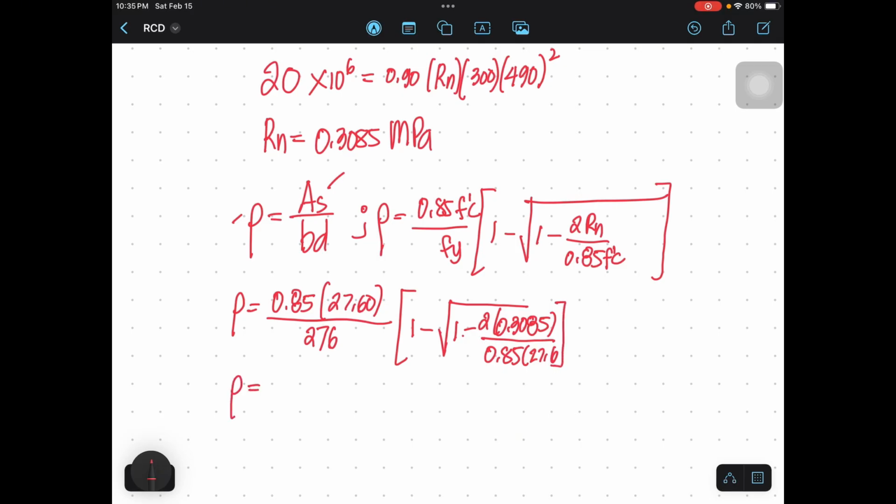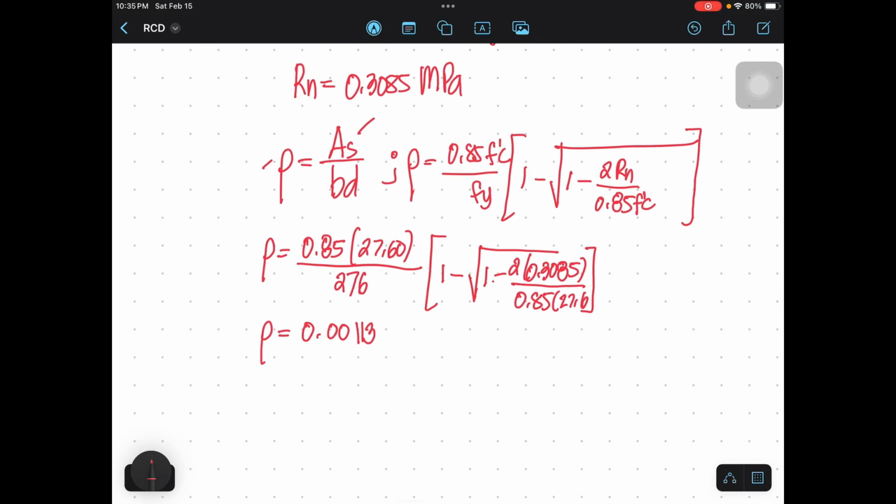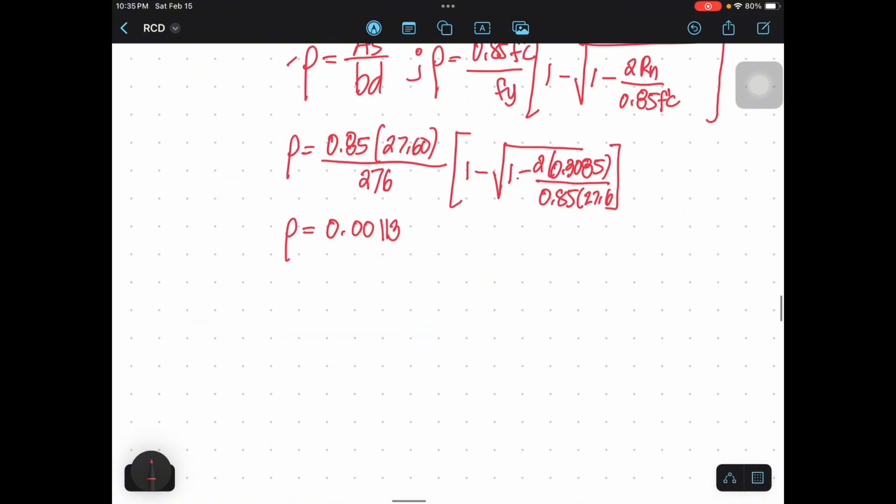So, yung ating rho ay 0.00113. Okay? So, dito natin siya gagamitin. Okay? But, bago natin gamitin si rho, i-check muna natin yung kanya mga minimum at saka check natin if pasok ba siya sa minimum. Okay?